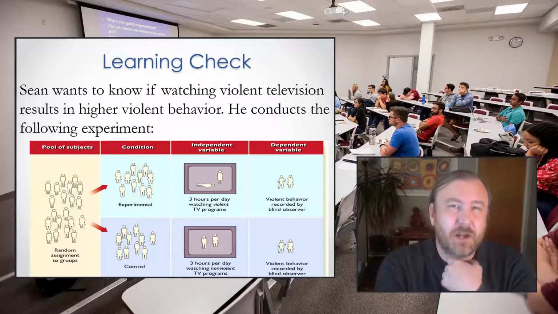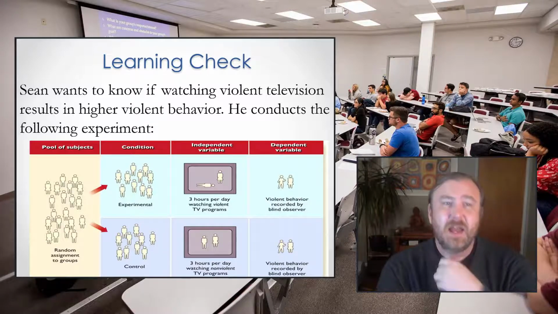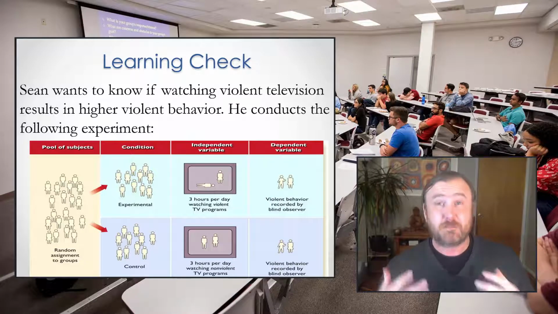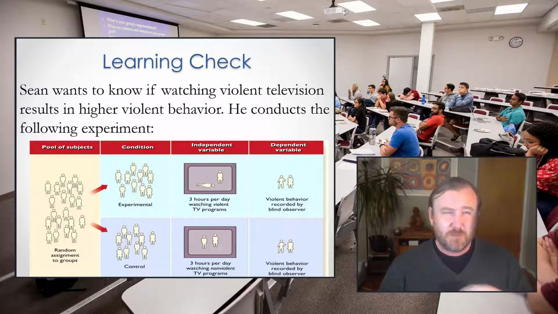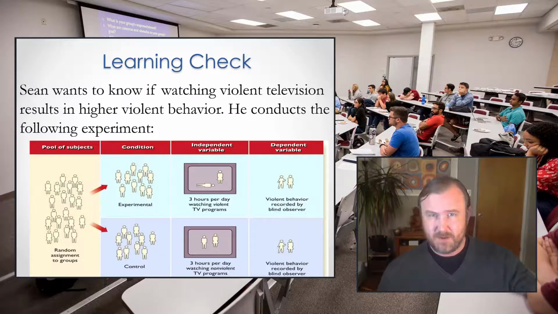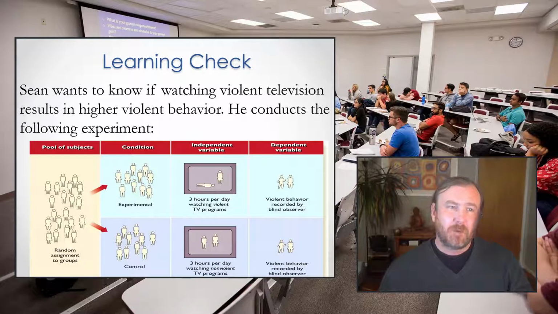So let's look at a third example. Sean wants to know if watching violent television results in higher violent behavior. And so Sean conducts an experiment, right? What he does is there's a random group of people, and he takes people at random from that group, and with the flip of a coin determines whether they go into an experimental group or go into a control group.